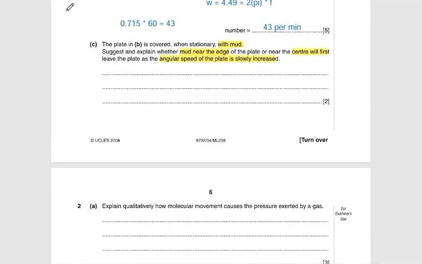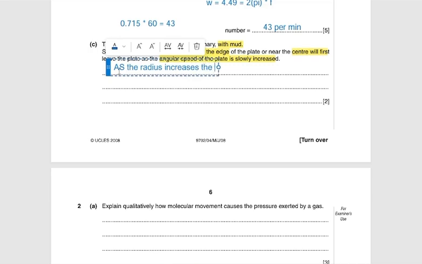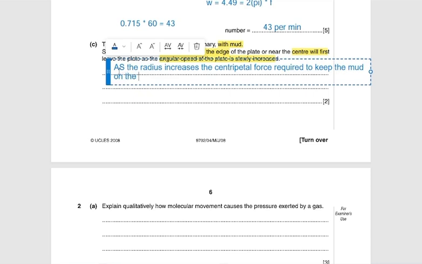So as the radius increases, the centripetal force, which is the frictional force, because frictional force is providing centripetal force, as the radius increases, the centripetal force required to keep the mud on the plate also increases. So the centripetal force has to keep on increasing so that it can keep the mud on the plate.